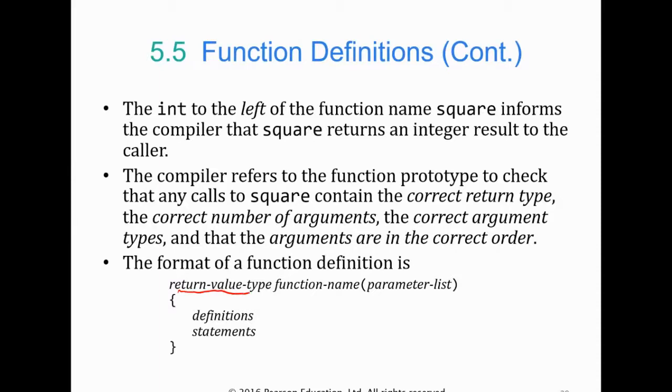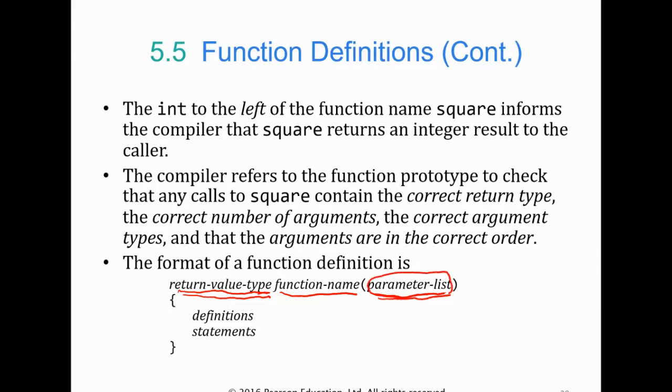Now, as far as the definition of the function is concerned, you first tell what type of data the function returns, then the name of the function, and you have parentheses, and inside here you fill in the parameter list. This list inside the parentheses holds the parameters that are passed to the function.